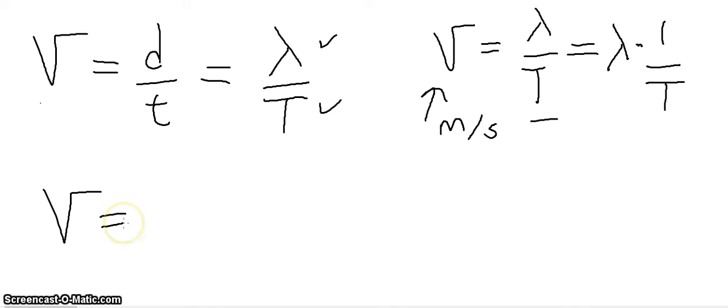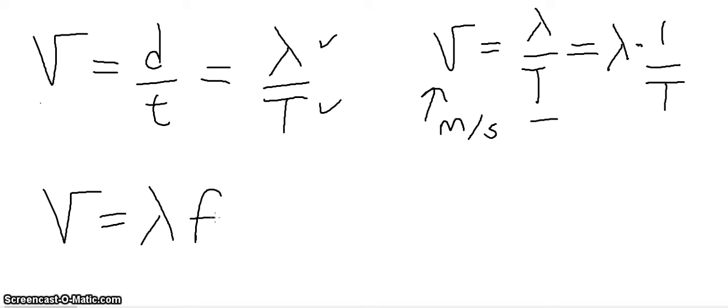So the velocity is the wavelength times, and 1 over T we know from a previous video is what we call the frequency. And this is the usual equation that you see for the velocity of a wave. The velocity of a wave is very routinely measured by measuring the wavelength and measuring the frequency, multiplying those two quantities together, and that'll give you the velocity in meters per second.